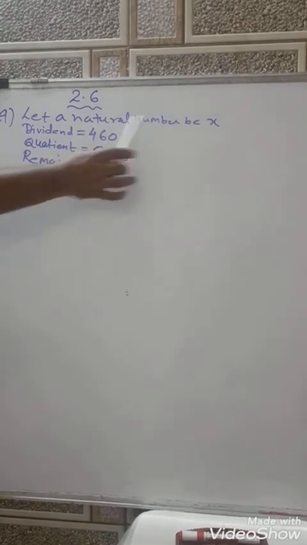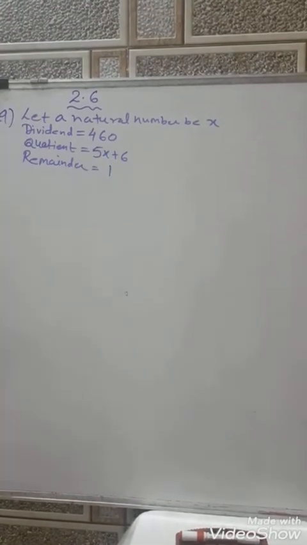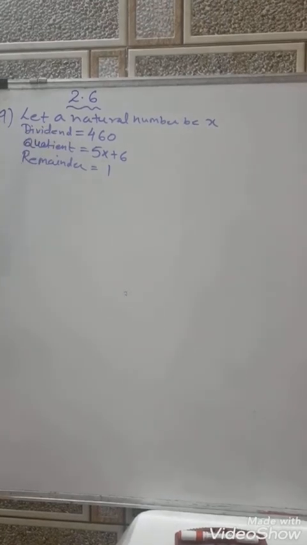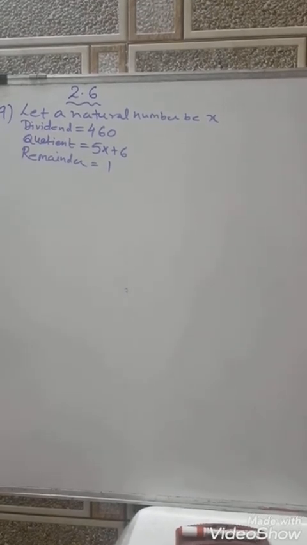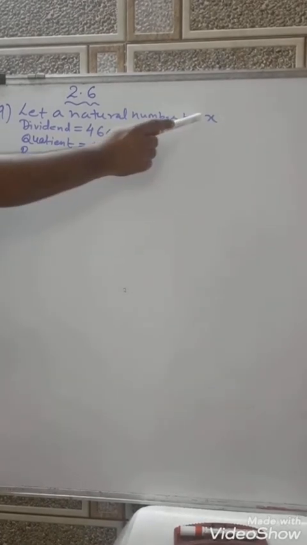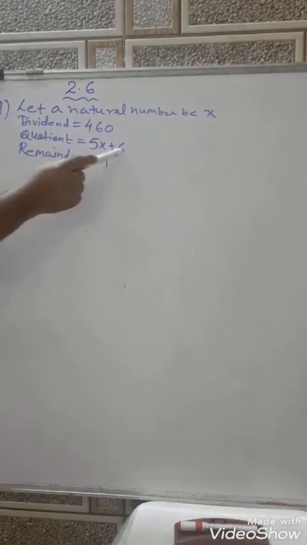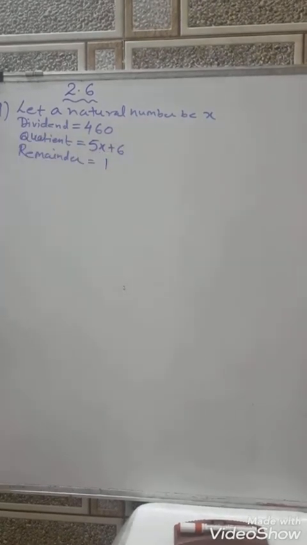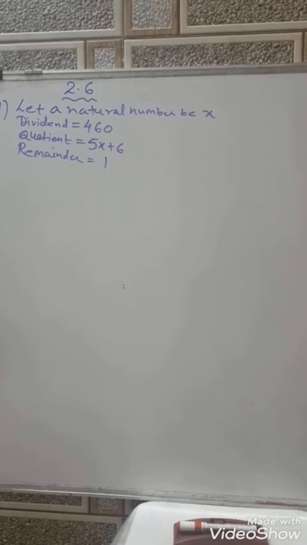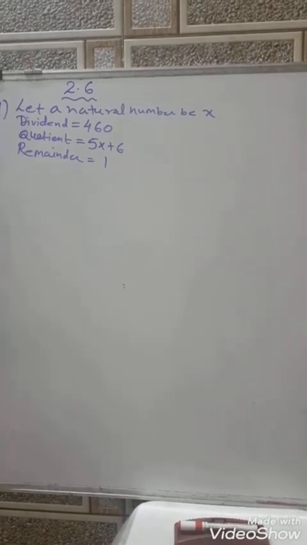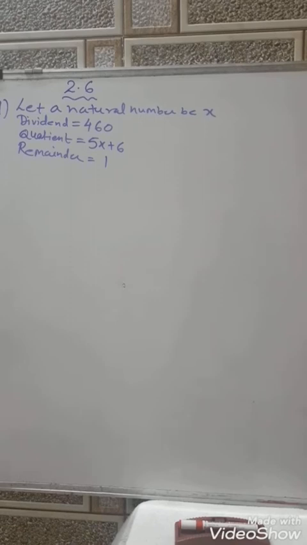We consider the natural number to be x. It is given the quotient is 6 more than 5 times the divisor, so 5 times x plus 6, and the remainder is 1. Now find the quotient and divisor.